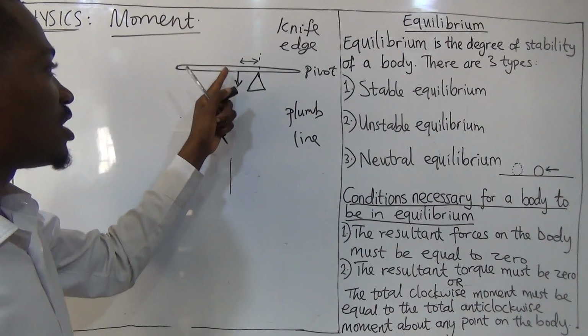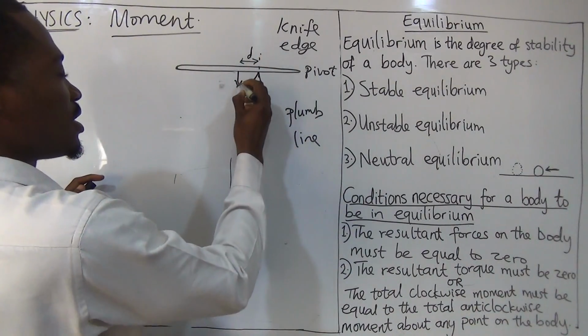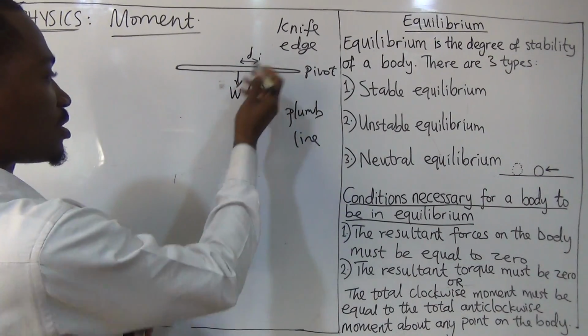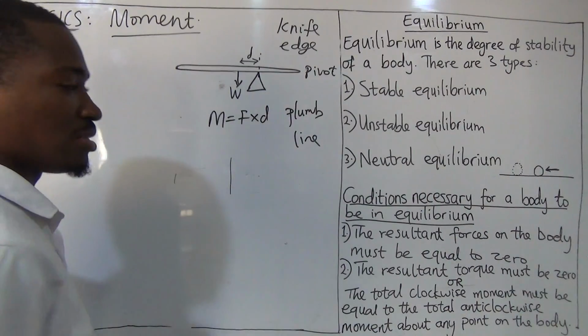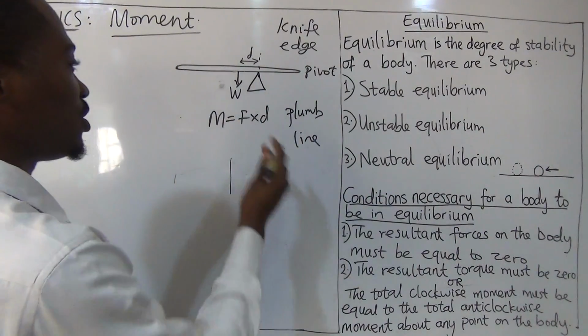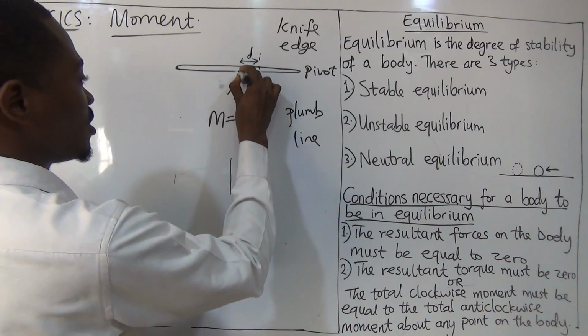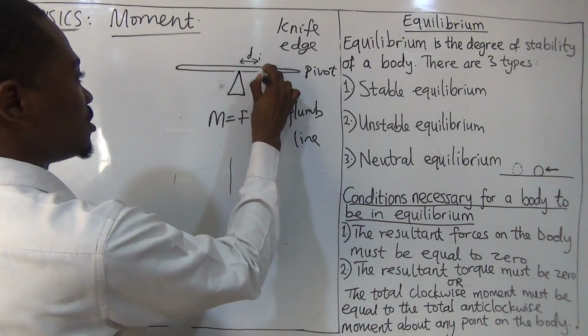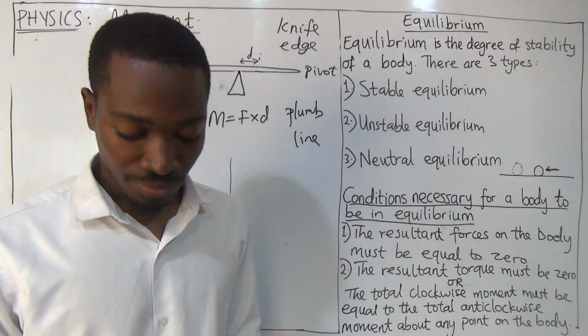So if there's a distance between the center of gravity and the pivot, and you have the weight of the object, then there is a resultant moment, which is the force multiplied by the distance. But if the knife edge or pivot is located at the center of gravity, there is no resultant moment, and the object will be balanced.